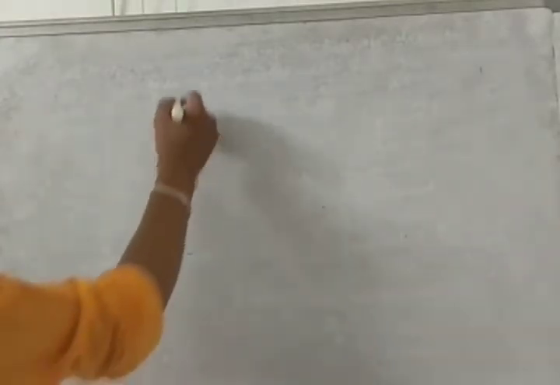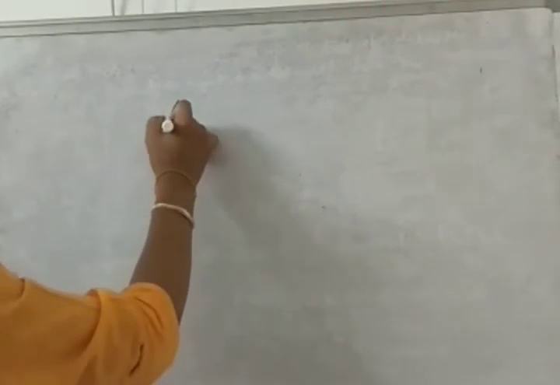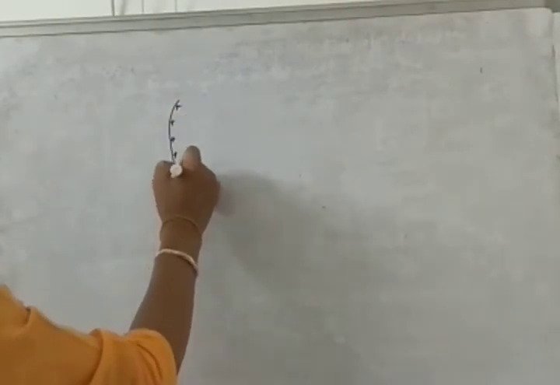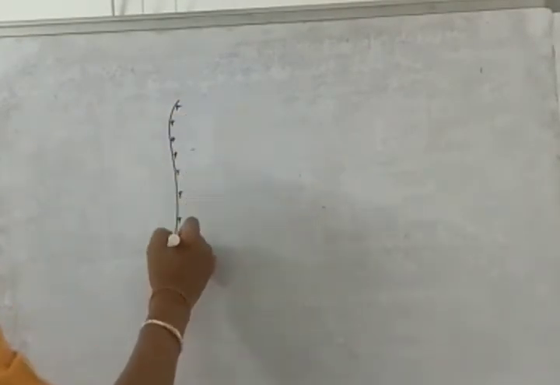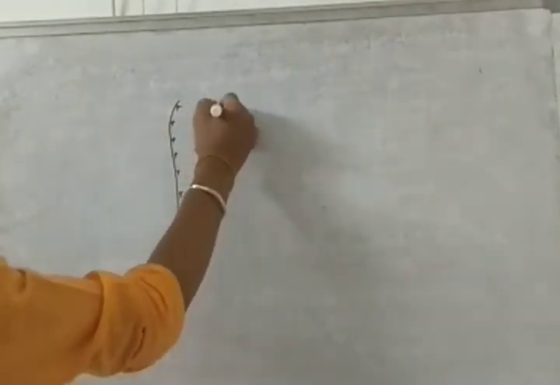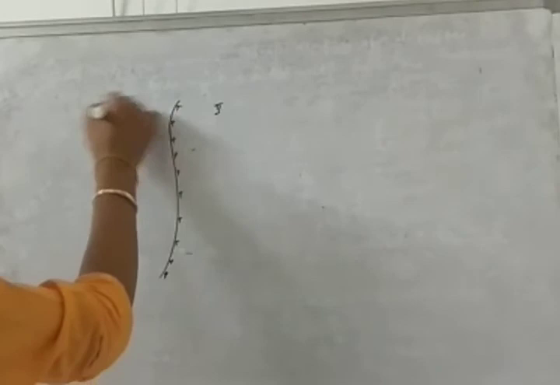So let's say this is our charge surface, positively charged. This region say 2, this region say 1.